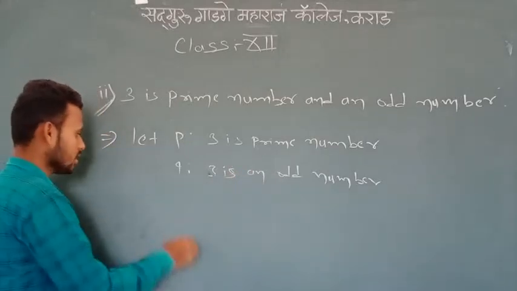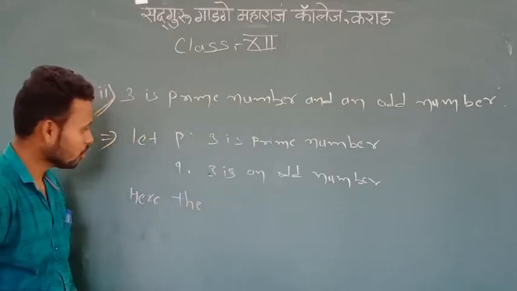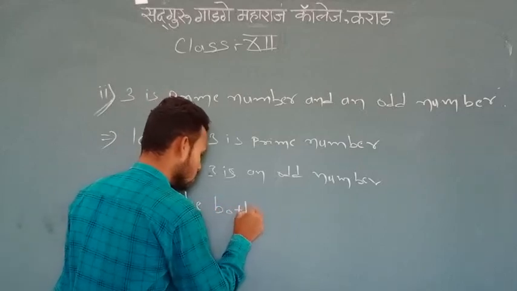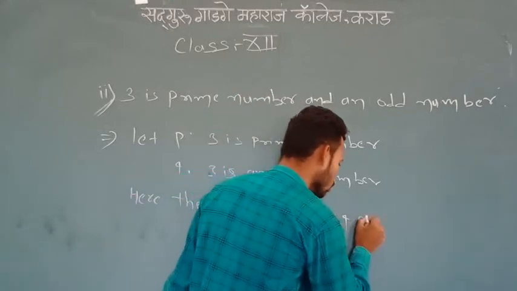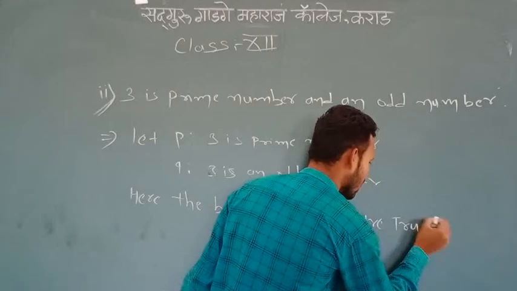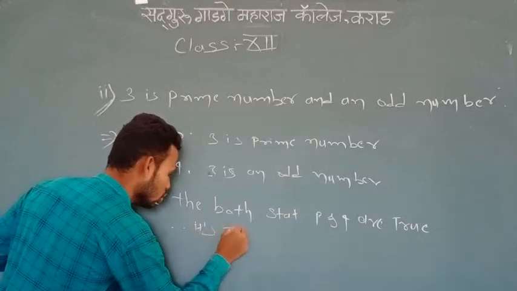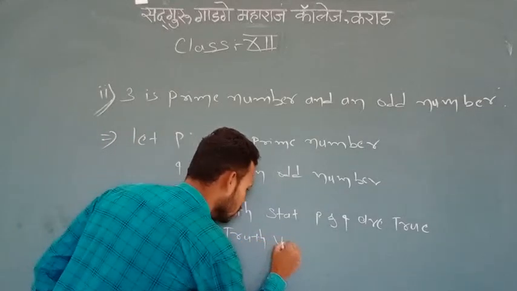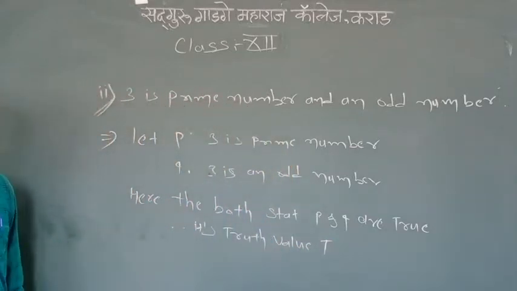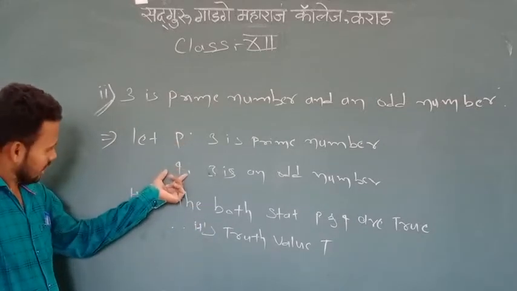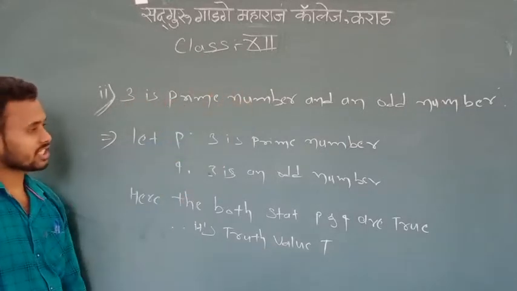Here both the statements P and Q are true, therefore the truth value of the whole compound statement is t.